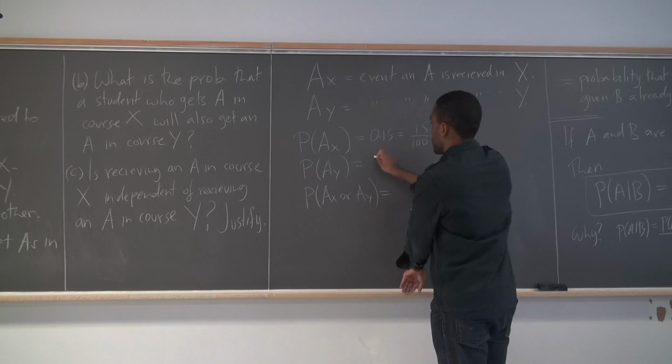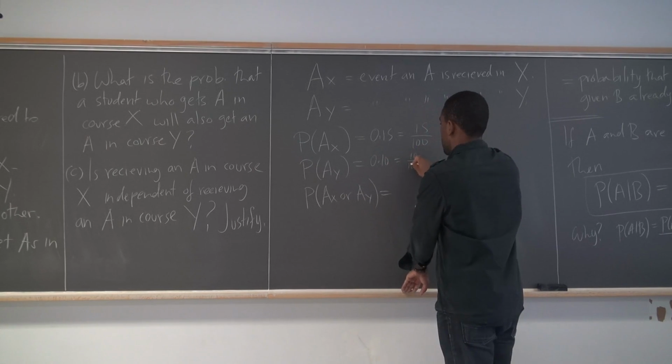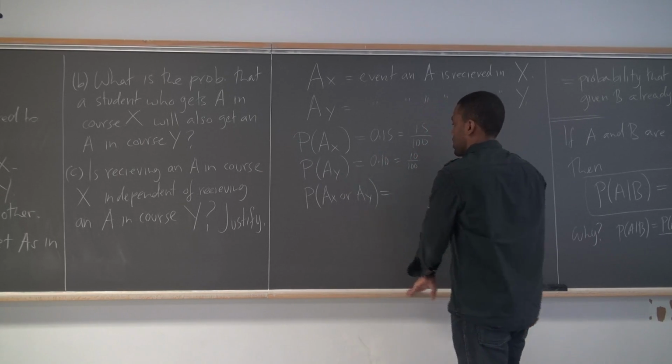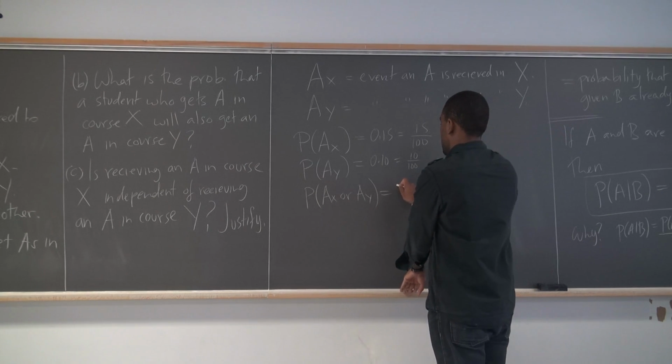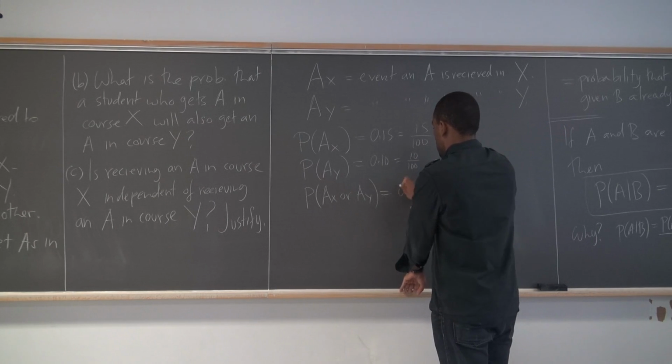AY was 10%, that's 0.10, which is 10 over 100, or 1 over 10, but I can leave it in the same denominator, just in case you want to transfer. So this is 0.235.